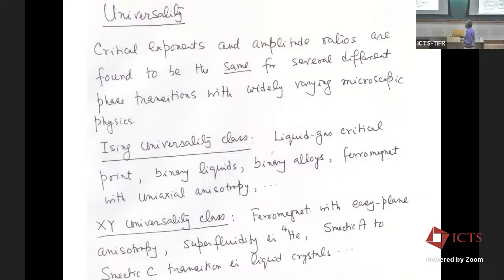Similarly, if I look at what is known as the XY universality class, earlier, when we talk about the Ising model, we talk about just a scalar, so just one component of the spin, which can be either up or down. But one can look at a two-dimensional vector. In some systems, the spins can be thought of as two-dimensional vectors, which will have two components, X component and Y component. And models involving such spins are called XY models.